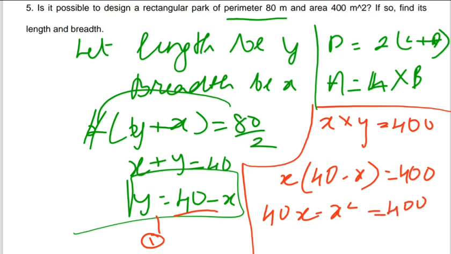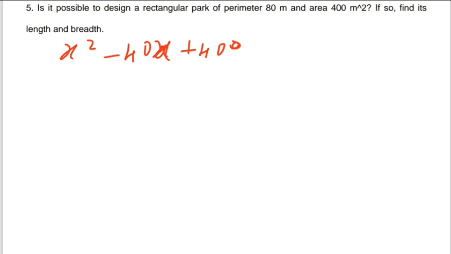Since x square has a negative sign, we take x square and 40x to the RHS, so the LHS becomes 0. That gives x square minus 40x plus 400 is equal to 0. This is the equation we got.